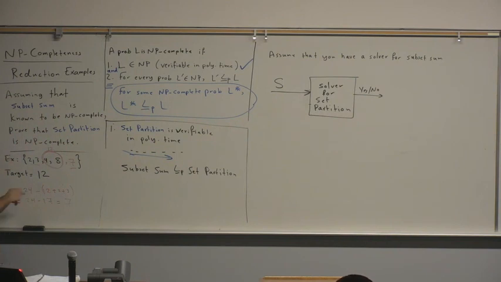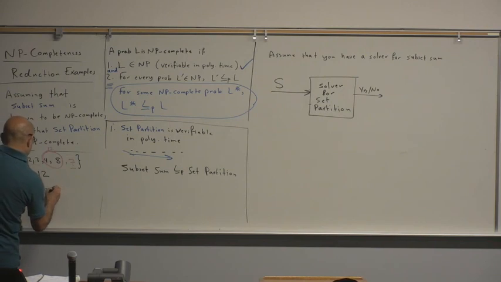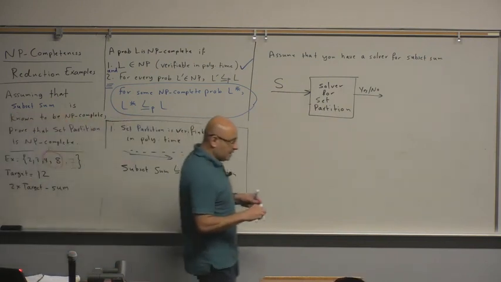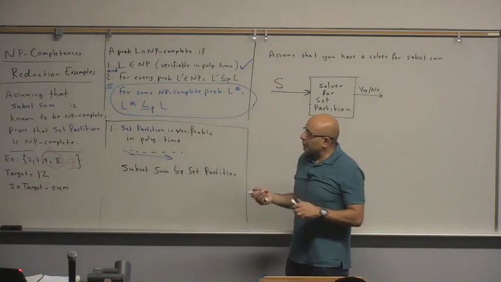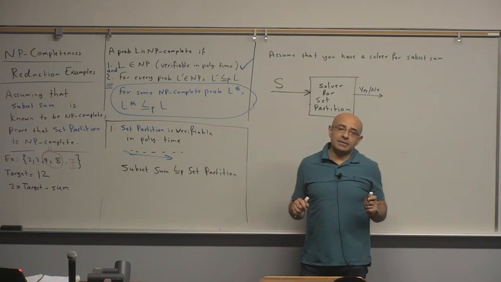Okay, so this is in fact 2 times the target minus the sum of elements. But in fact this will be the case if your target is greater than half the sum.